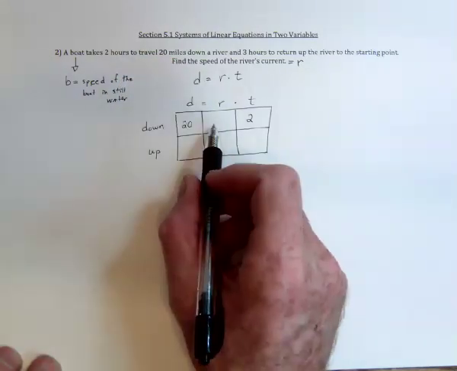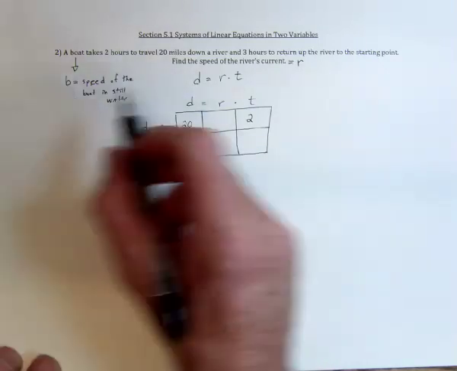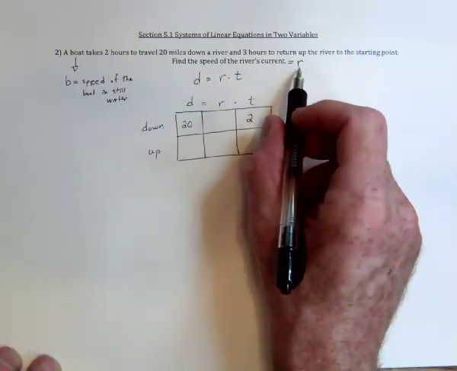So when we look at this part in here, there is the speed of the boat, and then the river either helps it or slows it down.